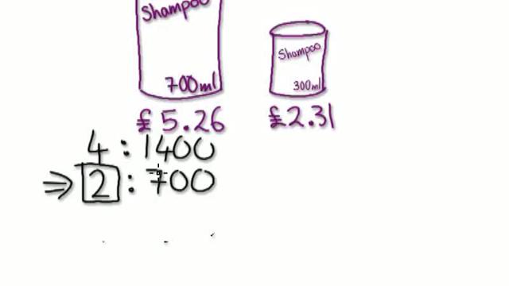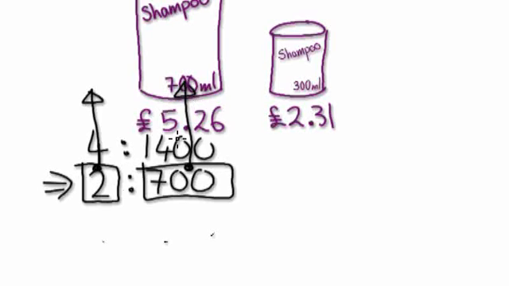What I'm trying to say is that the money and the amount that you get, the relationship is proportional. It's a proportional relationship, meaning that if you increase the money, you're going to increase the amount that you get. Or if you decrease the money, then you're going to decrease the amount, the milliliters that you get.